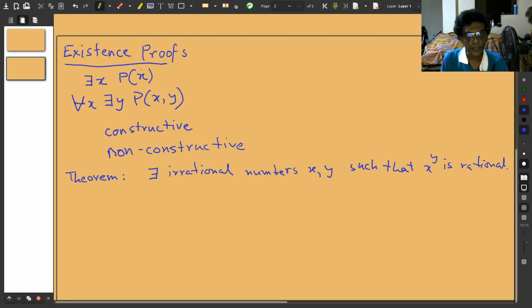This is of the first type. It is not for always; there exist certain things such that this is rational. So, how do I prove it?